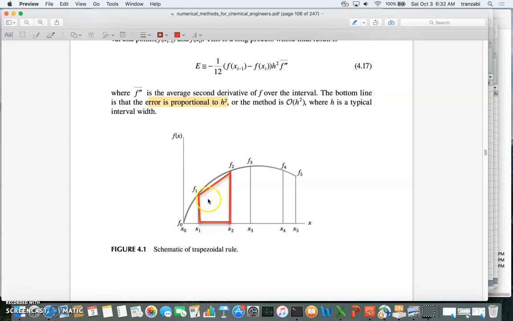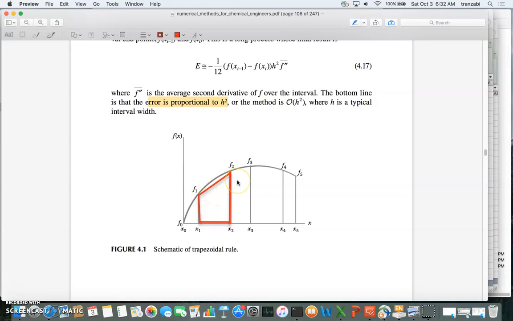The difference between the area of a trapezoid and the area under the curve is this small sector here, right? Look at how I go along the curve from f1 to f2 and then back along the red line to the original point. So this little area is the error we're making by assuming that the area under the curve is equal to the area of the trapezoid.